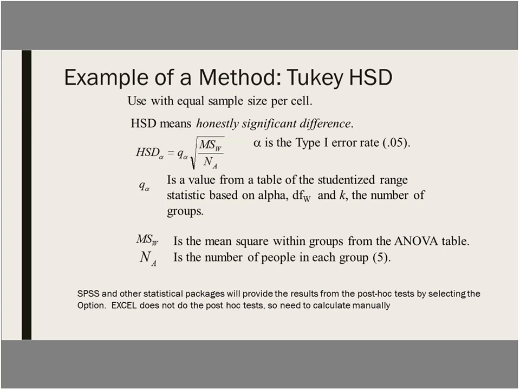In this test, you have to make sure that each group is the same size. As I showed you here, there's a little formula, a test statistic to do the calculation. But guess what? SPSS will be able to do all the work for you.